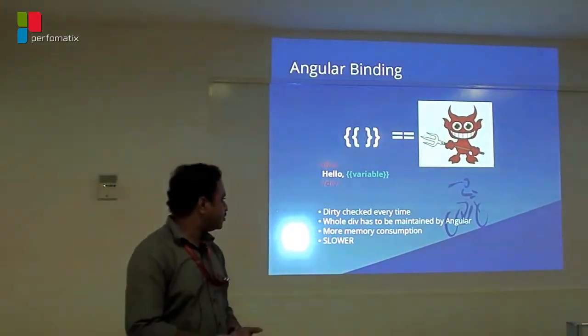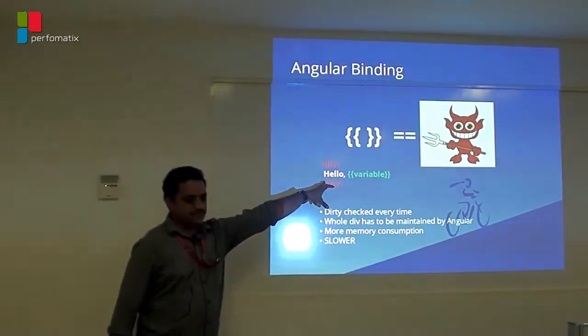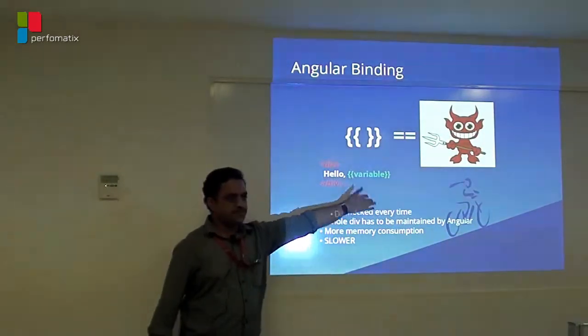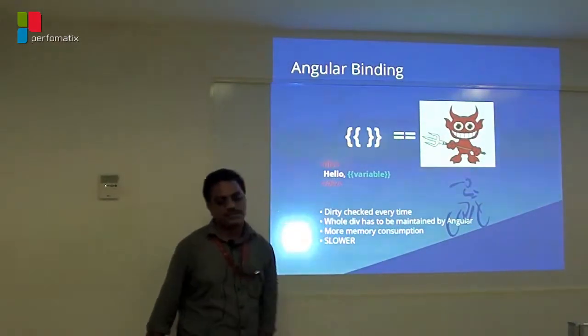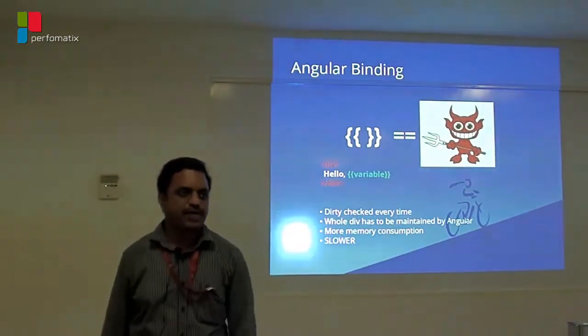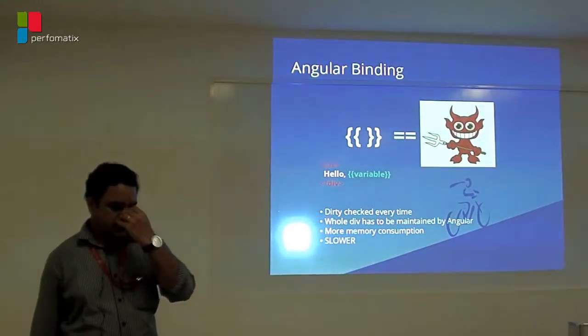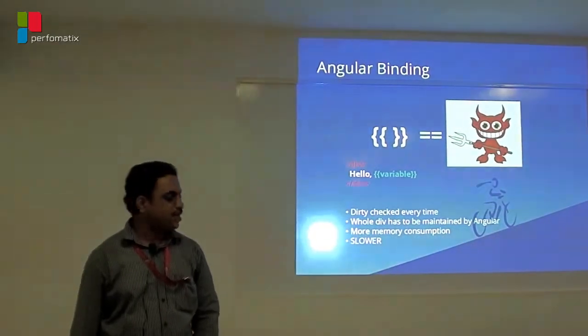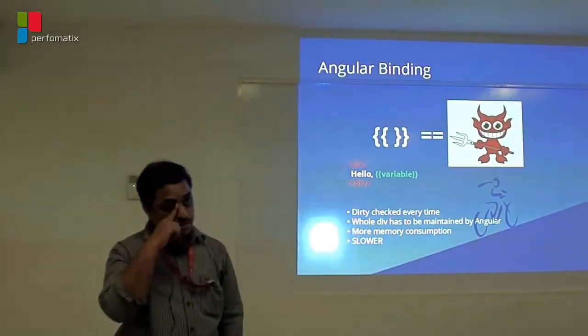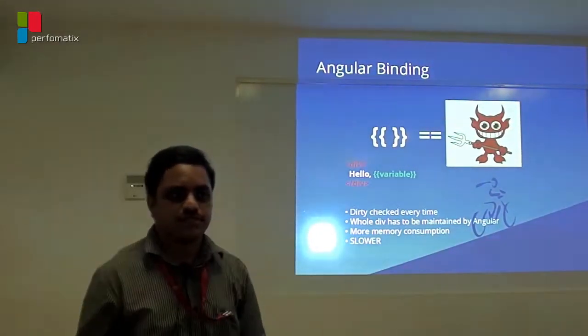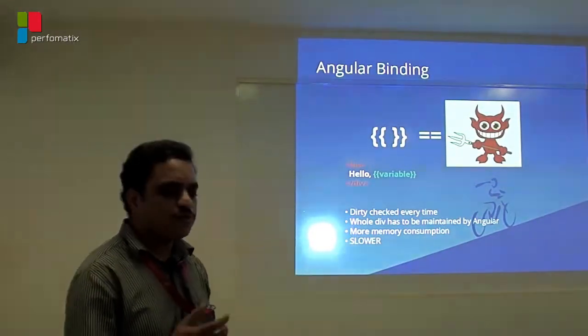So this is the way you use it, right? If you want to display something, you use it inside a label with curly braces, and inside this you declare an angular variable. The problem with this is that each time dirty checking happens, it checks whether this variable has changed. Each time it refreshes. So that's going to be a problem.